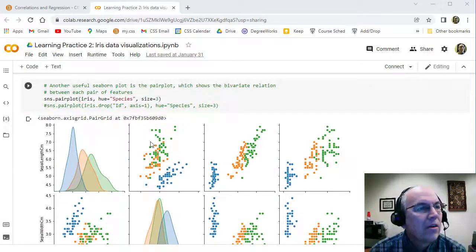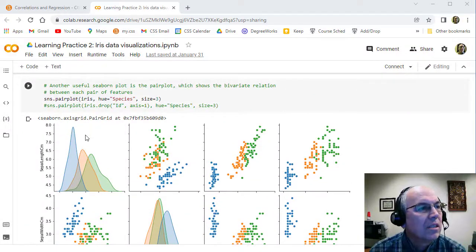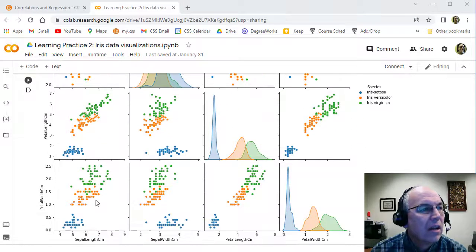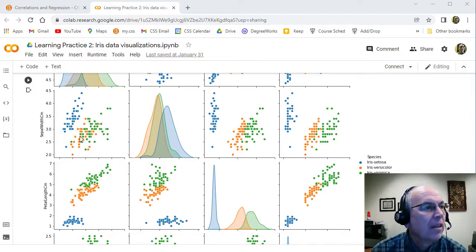I'm going to go down to the end here, and this is a common graph where we're trying to look for correlations. Here we're showing a bunch of these scatter plots. We're showing the sepal length depending on the petal width, the sepal length depending on the petal length, the sepal length depending on the petal width.